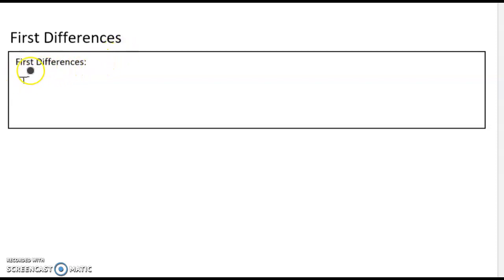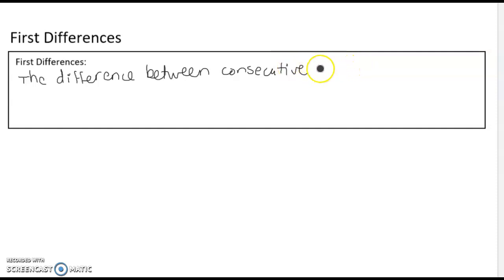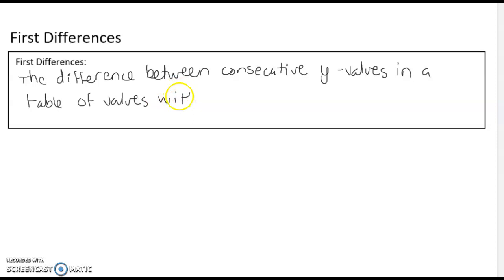So they are the difference between consecutive y values in a table of values with evenly spaced x values, and evenly spaced is key.